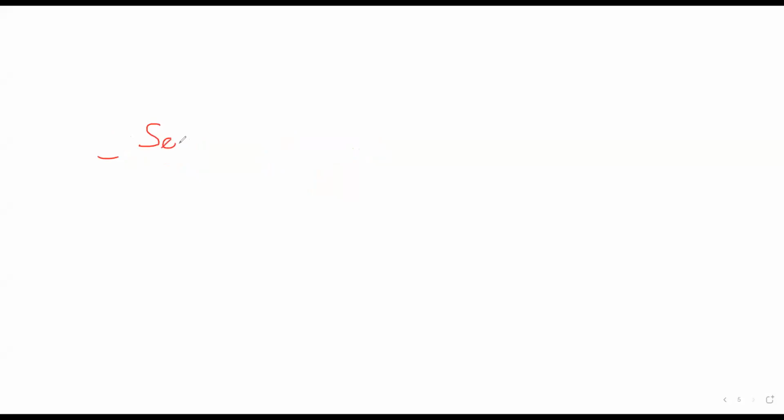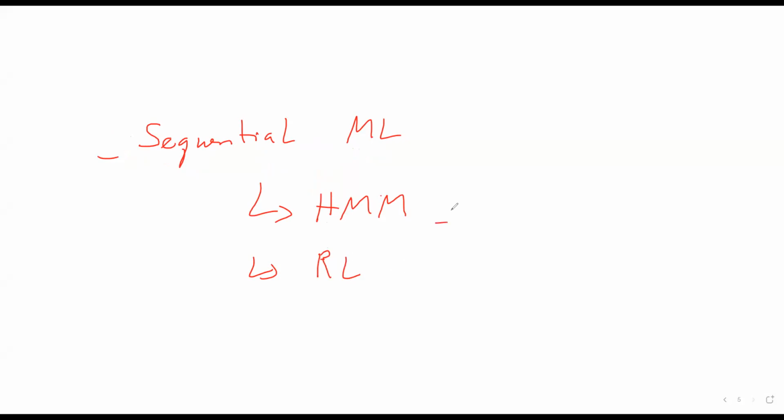So again, just to summarize, we did sequential machine learning, and there are two of those: hidden Markov models, and then reinforcement learning, which is a more powerful one. Today we covered this one for applications to part of speech tagging and just predicting sequences.